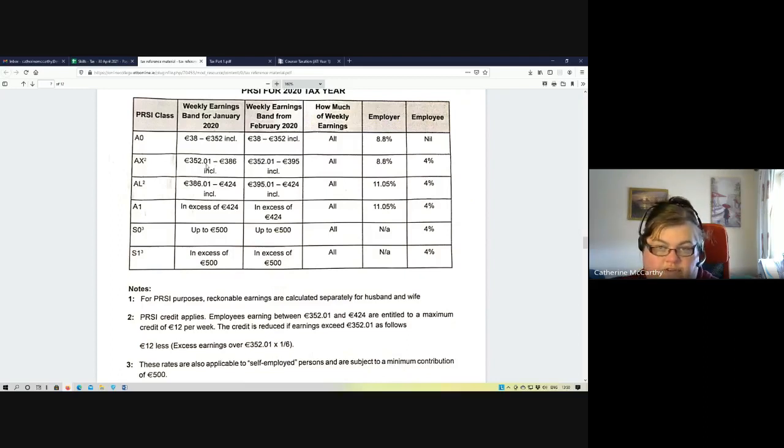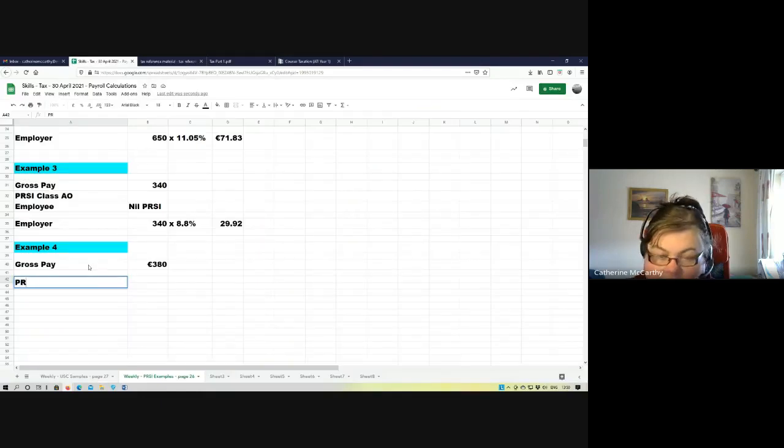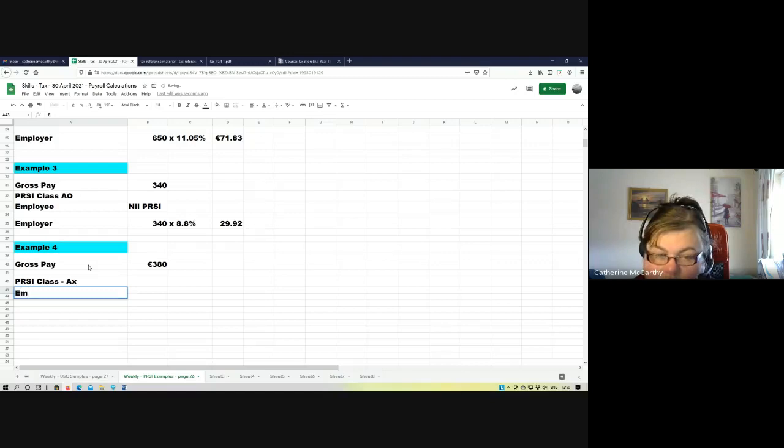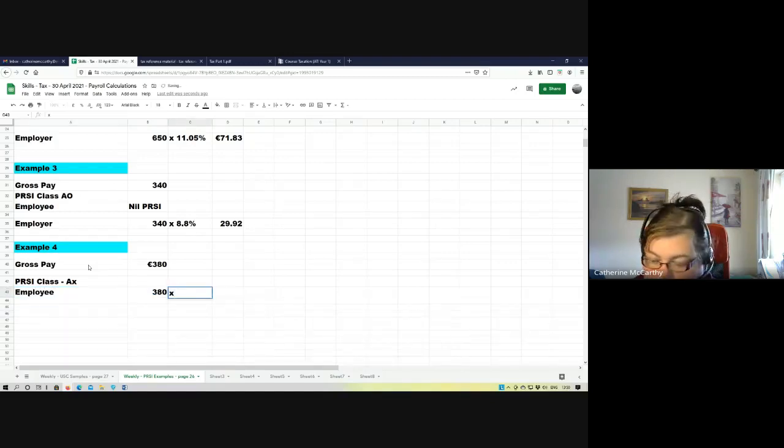Between 352.01 and 386, or 395 if it's for February, they're paying at 4%. So the PRSI class is AX. For the employee, that's 380 by 4%, which is €15.20.